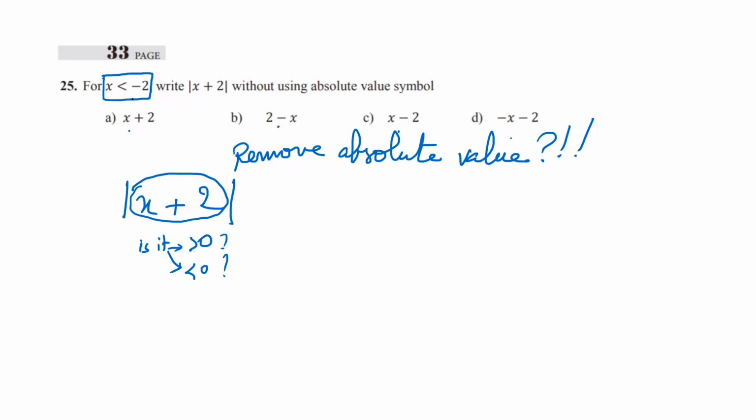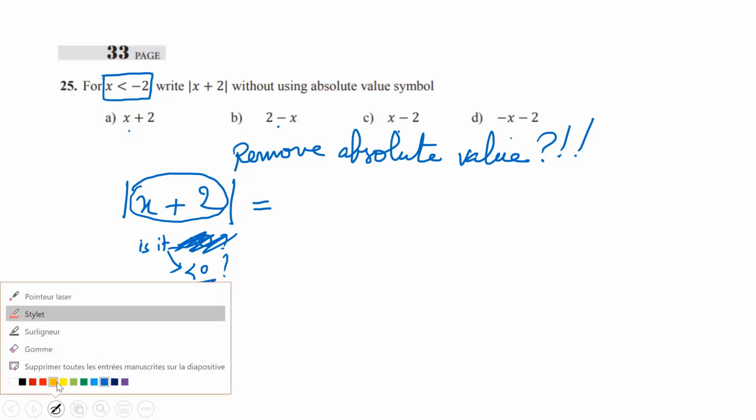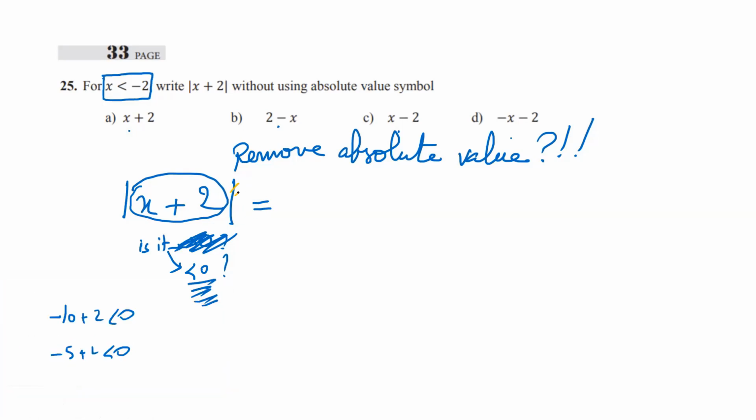When x is less than -2, then -10 plus 2 is negative. -5 plus 2 is negative. So this quantity is not positive, it is negative. So what happens when the expression inside the absolute value is negative? We remove the absolute value and we pay the price. What's the price?